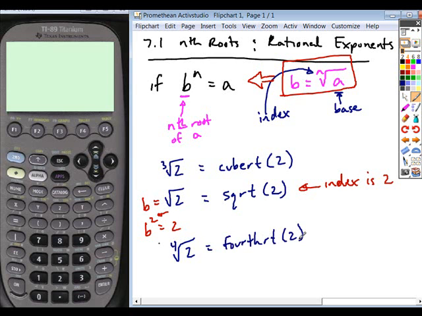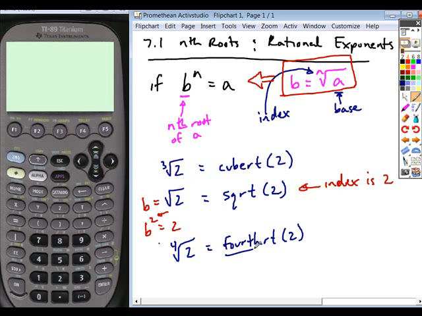But if you see a radical with an index of something other than a square root or cube root, which are a little bit easier and have their own special names, anything beyond that, just spell out the ordinal, the positional number, and then add RT, and then put in parentheses whatever's in there.